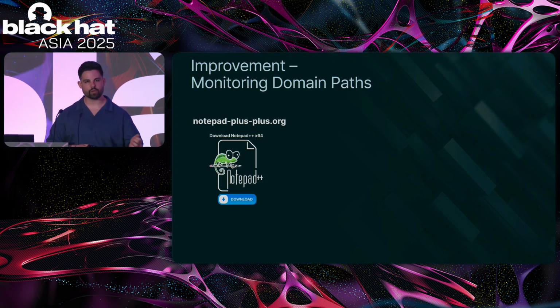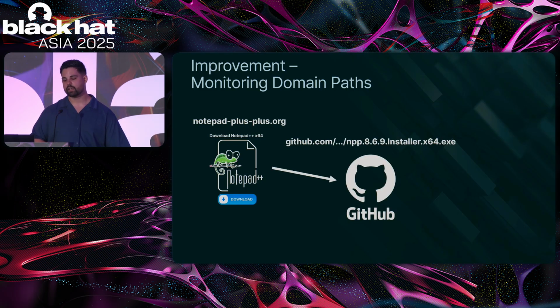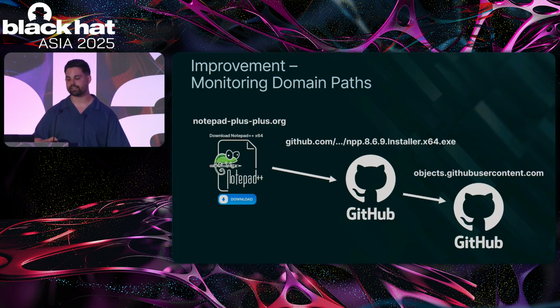So if we take a look at this example with Notepad++, clicking on the download button on the Notepad++ website does not download the executable immediately, but instead it redirects us to github.com, which then redirects us to objects.githubusercontent.com. And if we just look at the last domain from which the executable was downloaded, we won't be able to determine that it's Notepad++.